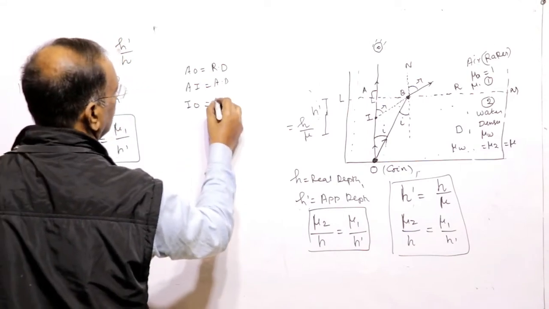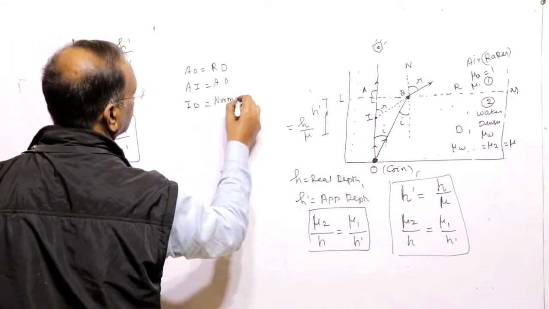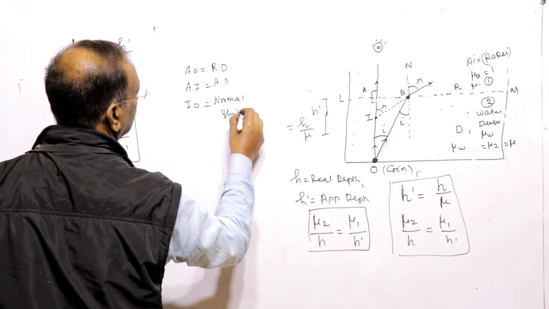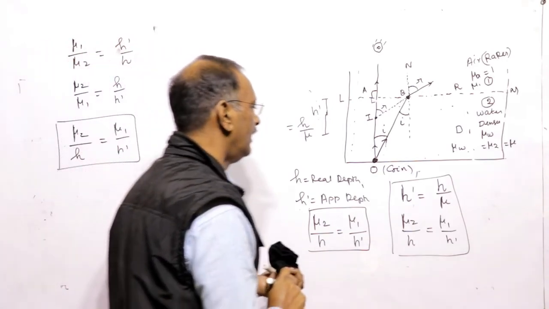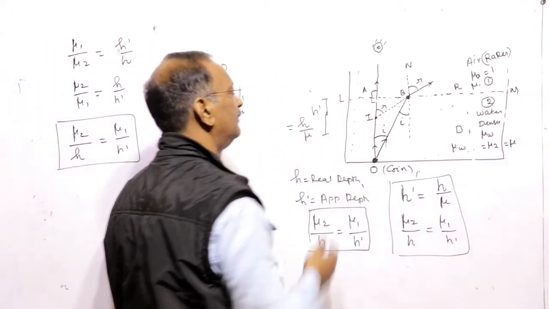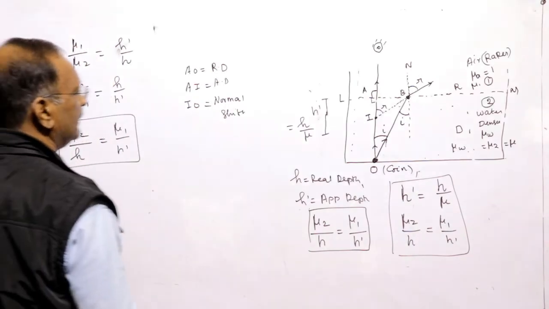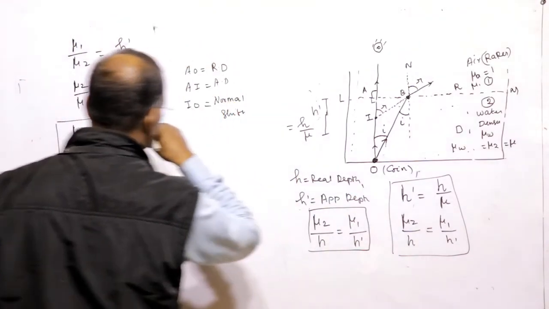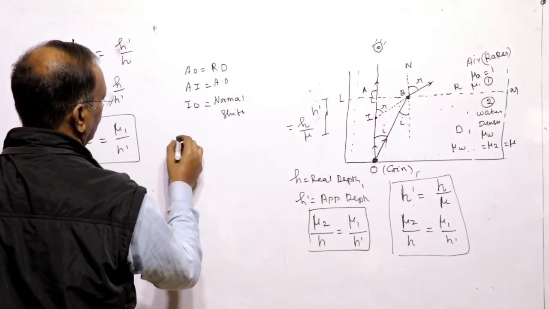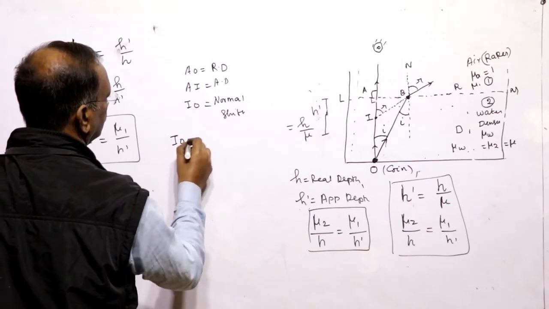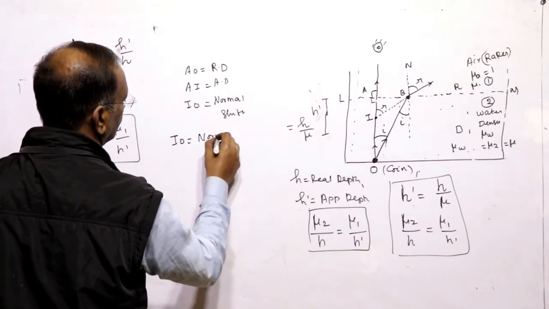IO is equal to the normal shift, meaning how much the object is shifted upward normally, along the normal direction.